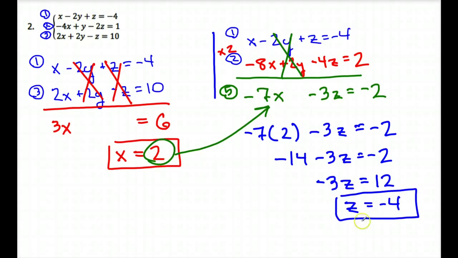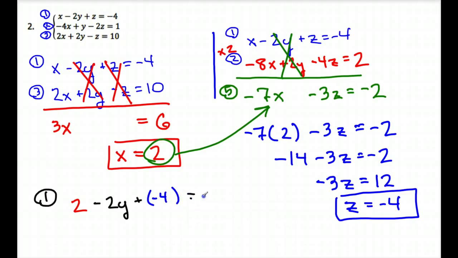Again, once you have two of your variables, now you can plug back into one of your three original equations to find the third variable. So I'll take equation 1 again, and I know x is 2. I don't know y, so this is going to be 2 minus 2y. And then I know that z is negative 4, so this is going to be plus negative 4.